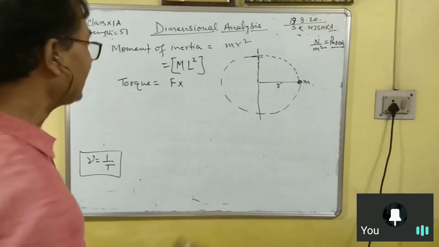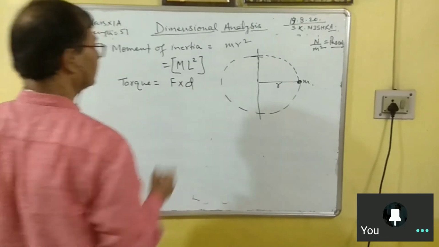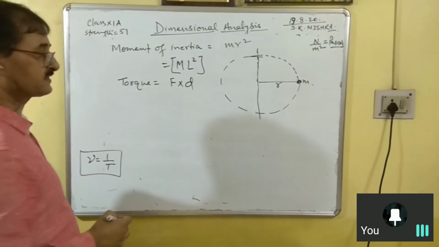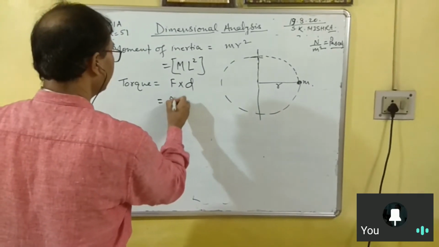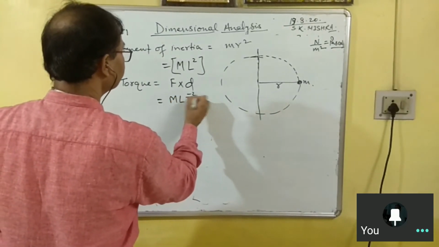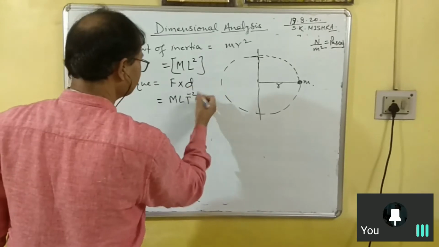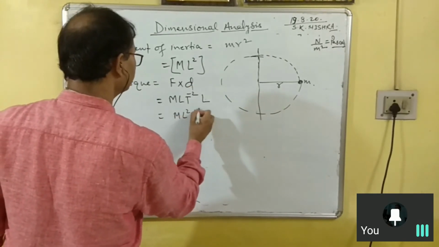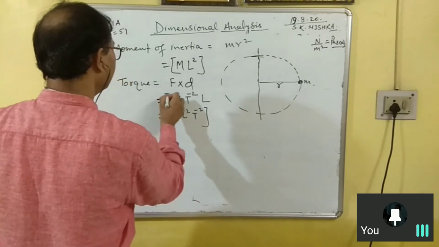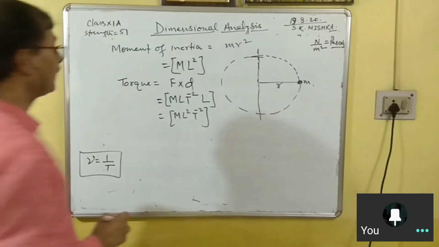If that perpendicular distance is d, then F into d is called torque. Force is M L T^-2, and d is a distance, so this is M L^2 T^-2. This is the dimensional formula of torque.